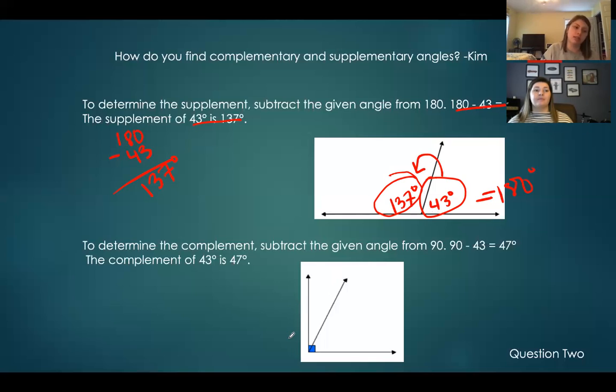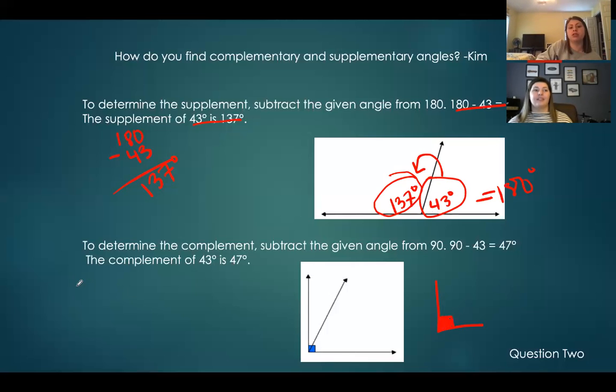Can you tell me what kind of angle this is before we even look at the problem? I would say that's a right angle. You are right. You could definitely tell that it is a right angle, but a good way to show it is to have that box and fill it in, because if you can do that, it is 90 degrees.